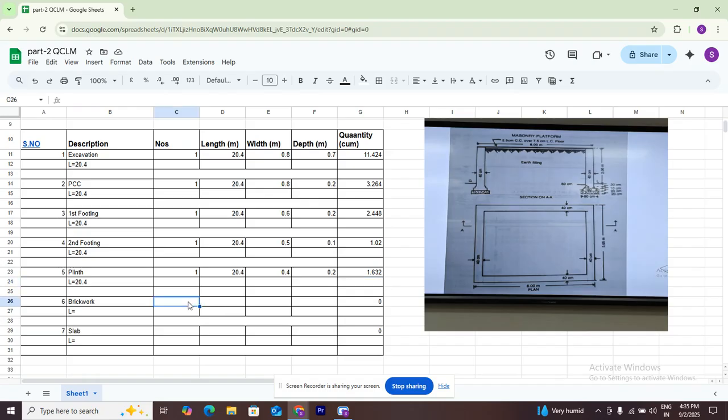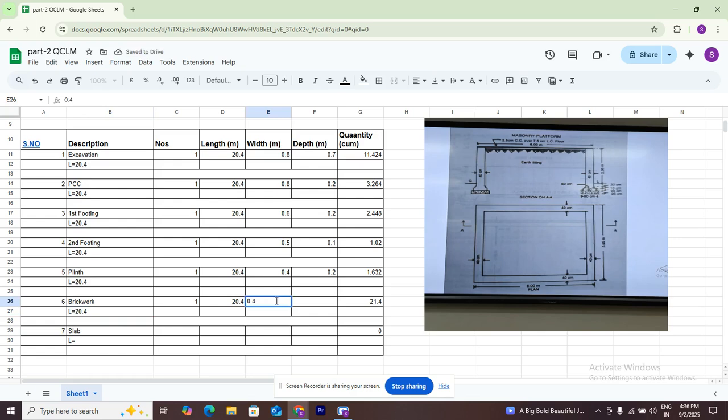Now we need to calculate the brick wall. The height of the brickwork is 2 meters. The depth or height has to be there. The thickness of the wall is 0.4 meters, so it's 40 centimeters. The length is the same, 20.4. What is the thickness?